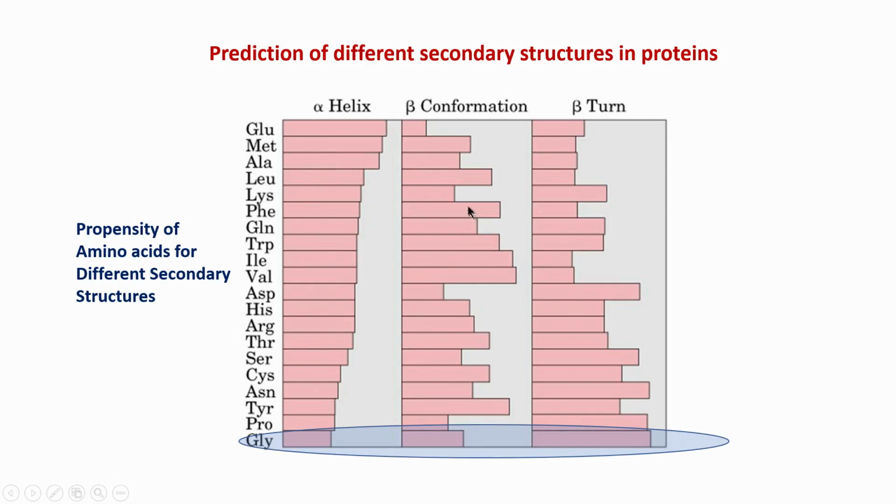This is done based on structural analysis and statistical analysis of different structures. In fact, nowadays you can even predict the different secondary structures in proteins without NMR or any other technique, because if you know the sequence of a protein, you can simply predict what the secondary structures in that protein could be without doing any experiment.